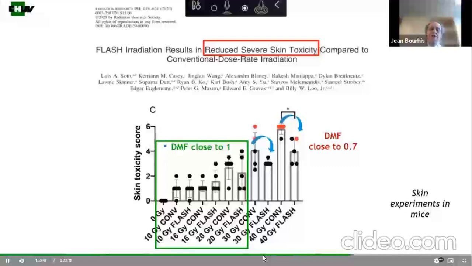So it's hard to see a difference between conventional and flash in this range of dose. Although we can see here that there is some toxicity. I mean, it's not zero like the control. So there is some toxicity, but it's not different between flash and conv. And now, if you look at the higher dose, 30 gray, 40 gray, you see a big difference favoring the flash.